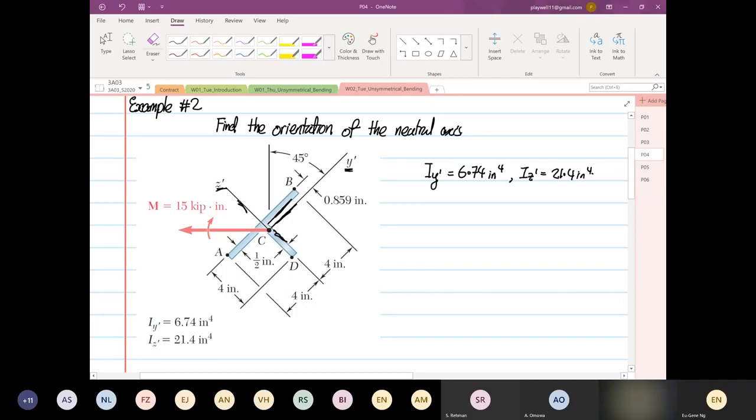You can observe that, right? That is why I say that the axis is relative to the object.